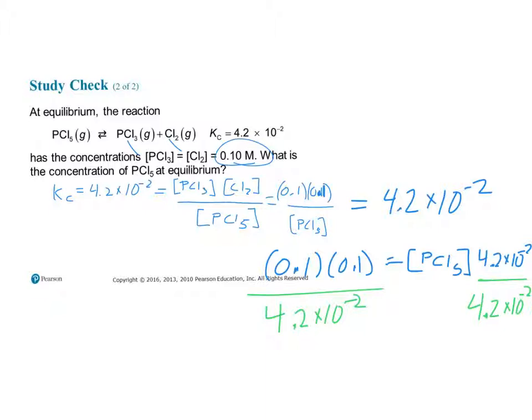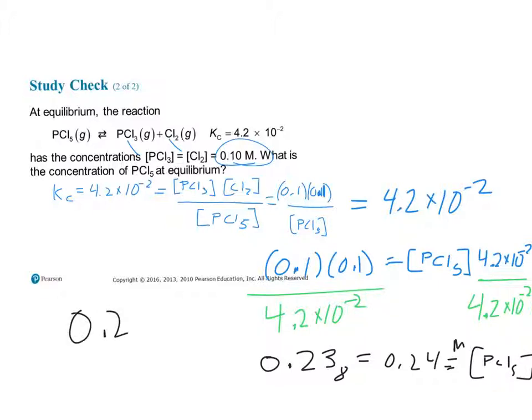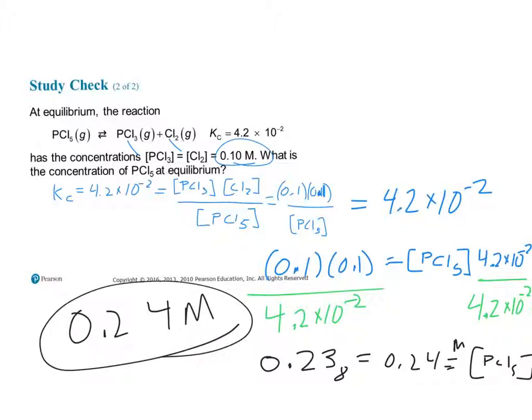That gives me 0.238, or 0.24 rather, molar of course, as my final concentration of my pentachloride. Wow, my handwriting got sloppy there. And there's my final answer to that one.